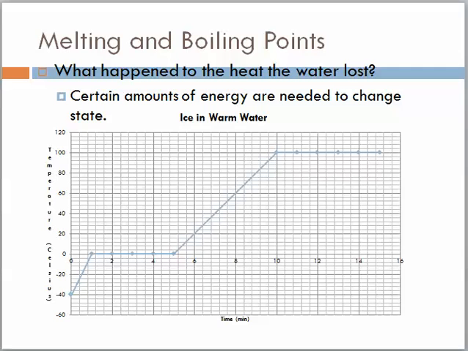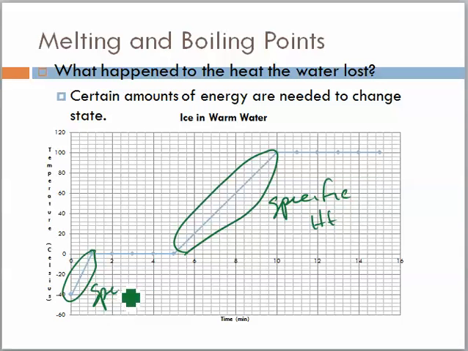Now all of these states are on this graph, and what I want you to understand is this is a graph of maybe a beaker of water that's over a flame, over a Bunsen burner. And there's a couple periods on here where we're talking about specific heat. This part of the graph and this part of the graph is a change in temperature, so that would be specific heat.